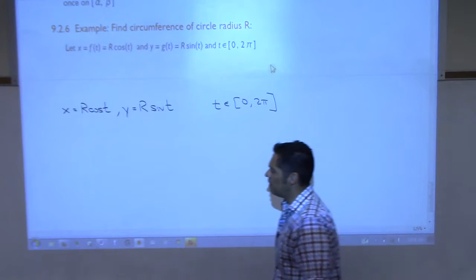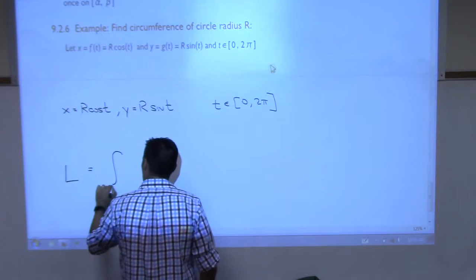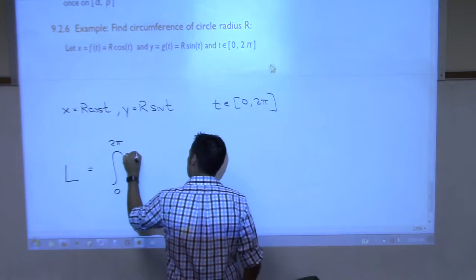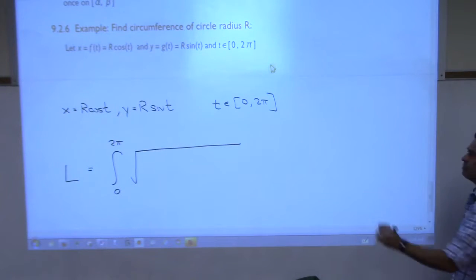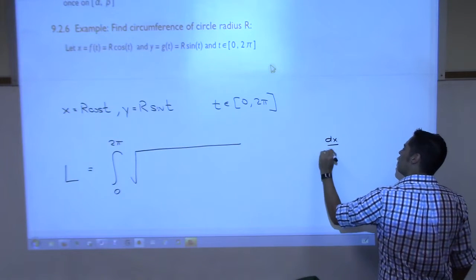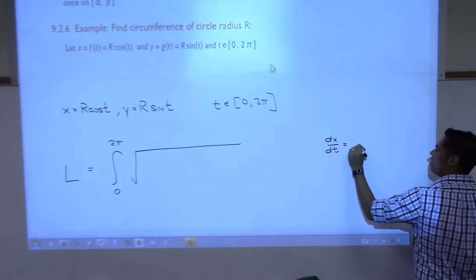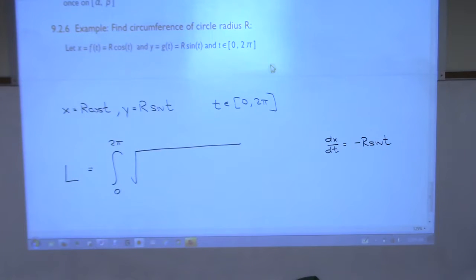So according to the formula, the length of the arc will be equal to the integral from alpha to beta, 0 to 2 pi, square root of, all right, we have to take the derivative of x with respect to t. What's the derivative of x with respect to t? We did that earlier. Negative r sine t. But then what do we do with it? Square it.